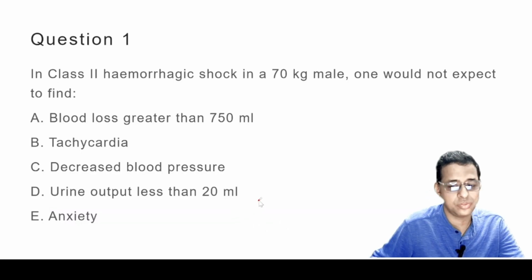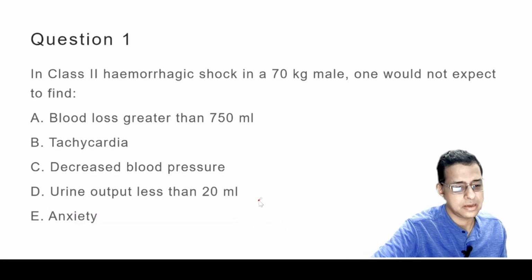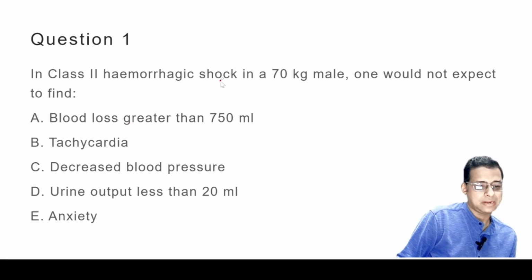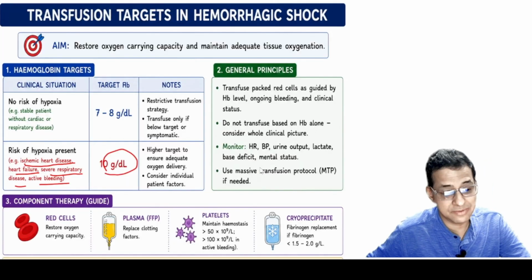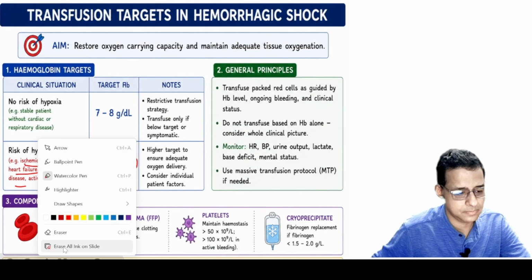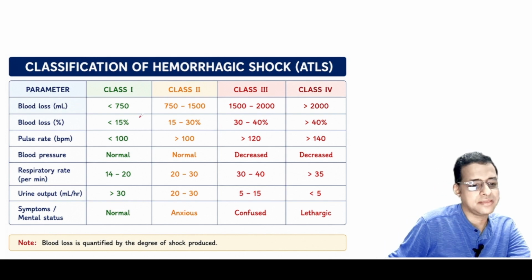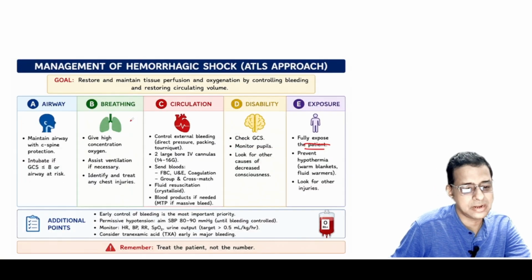Here we go to the question. First thing, in class 2 hemorrhagic shock in a 70 kg male, one would not expect to find what? If you go to the previous table, I can see class 1, class 2, right?